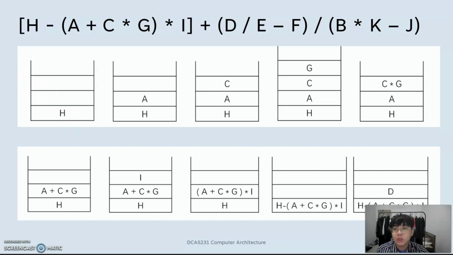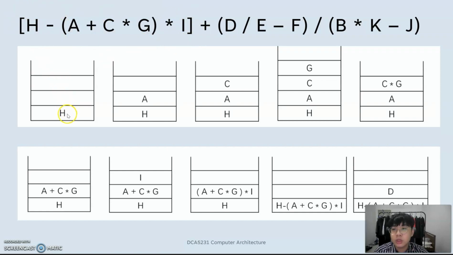Now we look at the question. It's the same: we need to know what part to do first. In my example, I do part 1 first: h minus a plus c multiple g multiple I. We just follow the operands in this question.